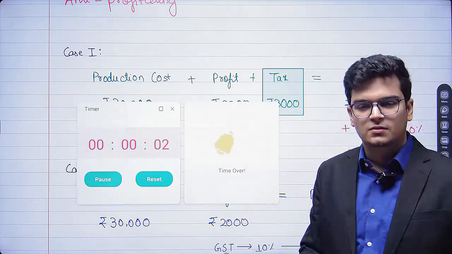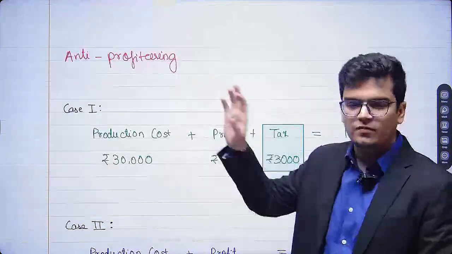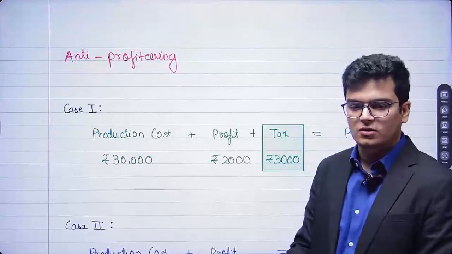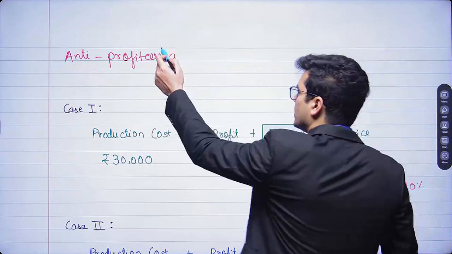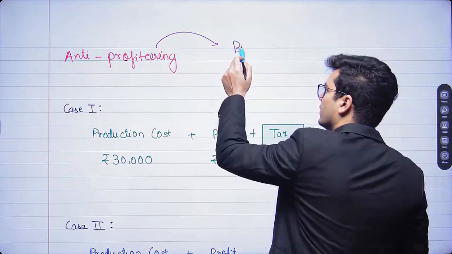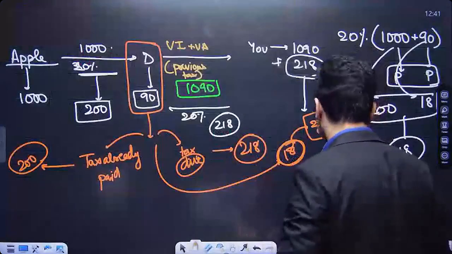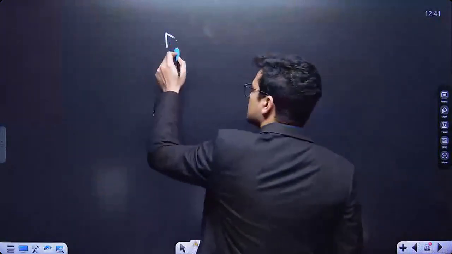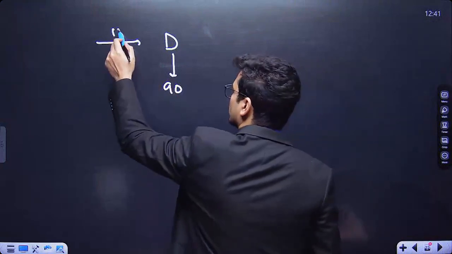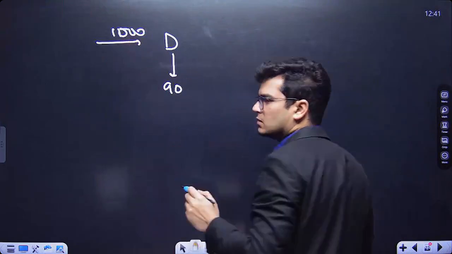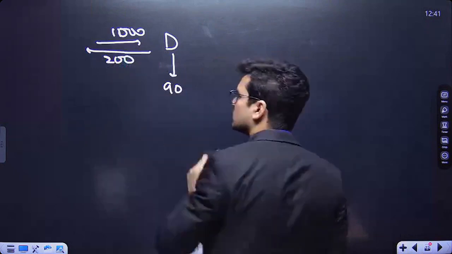Now, let us read some of the clauses of GST. One is the anti-profiteering clause. Let us understand it through this same case. The distributor is making his bill; his value added is ₹90, his cost of input is ₹1000, and he has already paid 200 rupees GST here.